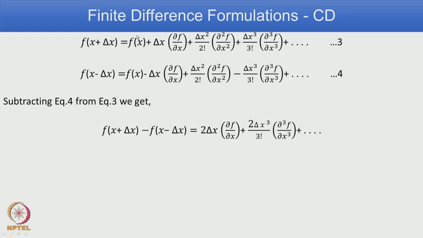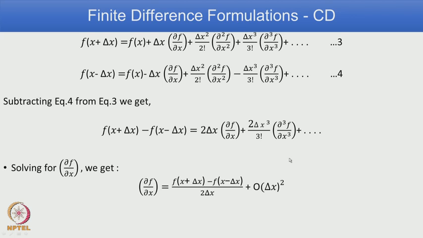The first term gets cancelled, second term it becomes positive. So, 2 times delta x dou f by dou x plus all other higher order terms. Again, we are only interested in the first derivative here. So, we retain the first derivative and take remaining terms to the other side.